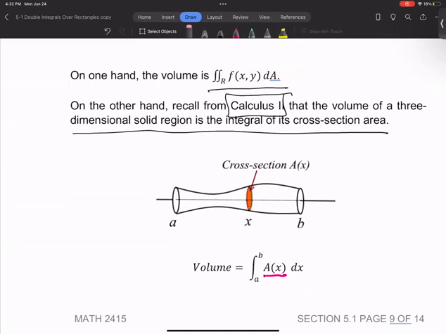And then you move it from A to B. So this area, it doesn't make sense because the volume of an area is 0, right? But since you are doing an approximation, you are finding this volume. And when you move it from A to B, you find the volume of the whole thing. That was calculus 2.